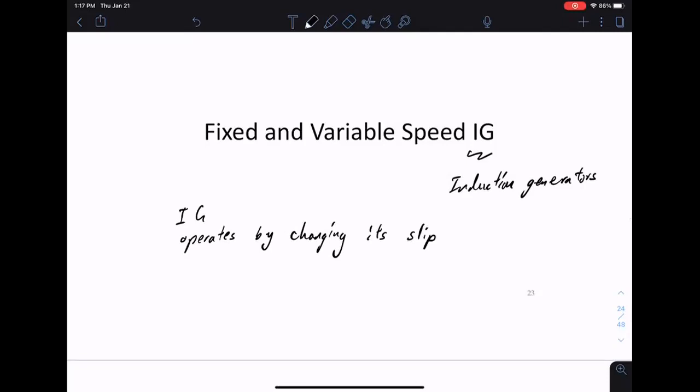You remember the slip is basically a normalized measure of the difference between the speed of the machine and the synchronous speed. So when you talk about slip, normally how wide is the range? What is the operating range for slip? Is it very wide or very narrow for an induction machine? If you think about a motor, how far away can slip get from zero?